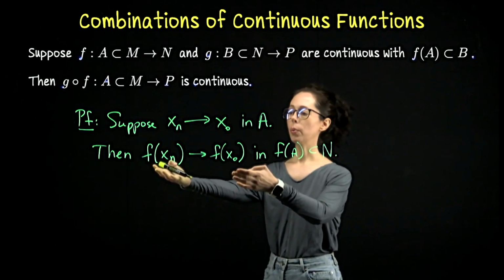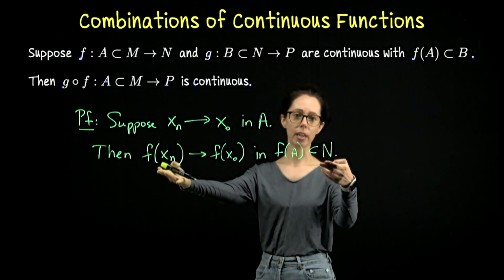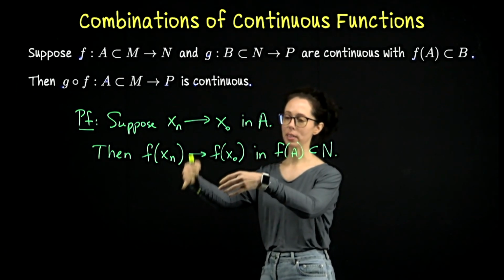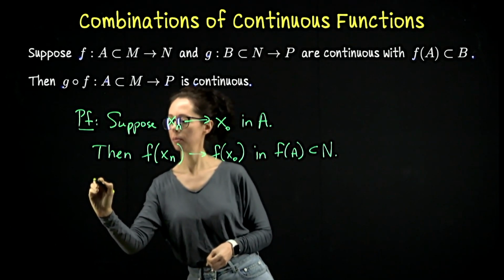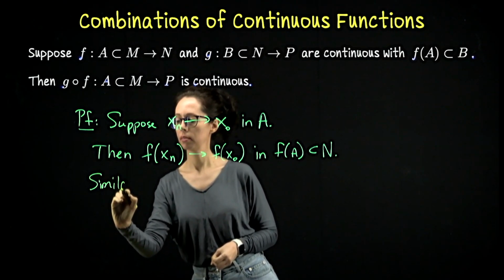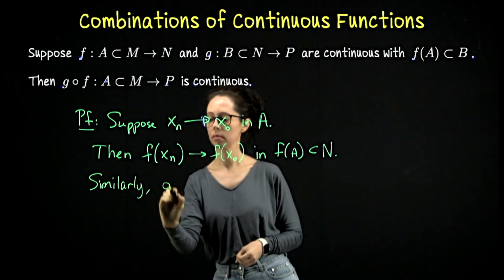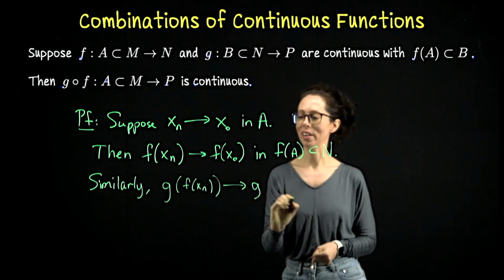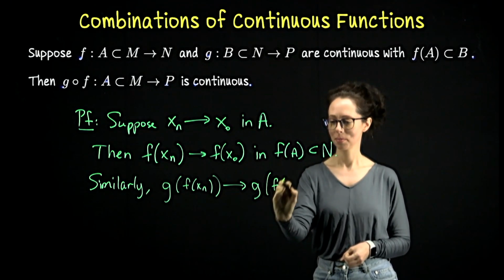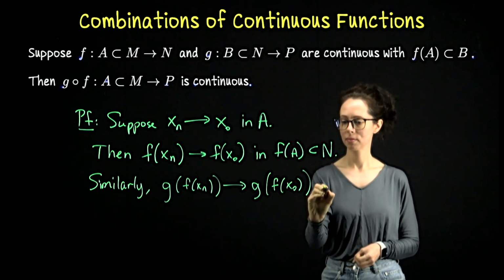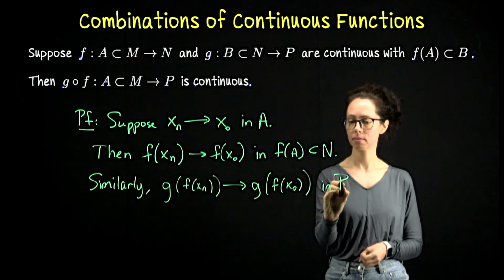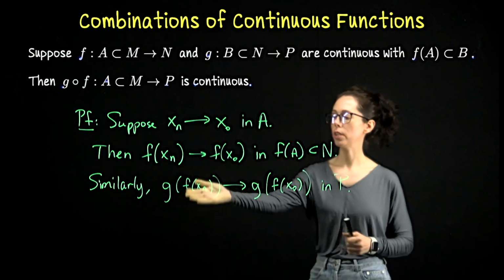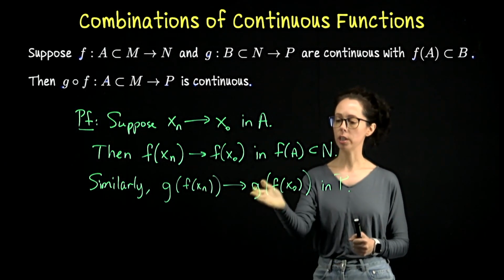Now, this is a sequence of inputs converging in the domain for g. g is also continuous, so automatically I know what happens when I evaluate g on this sequence. And that's it, because this is g of f of xn converging to g of f of x naught.